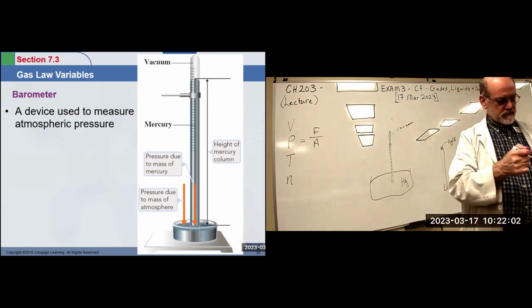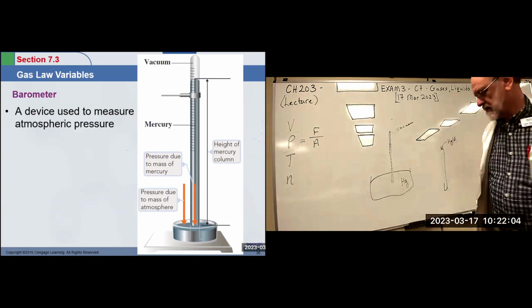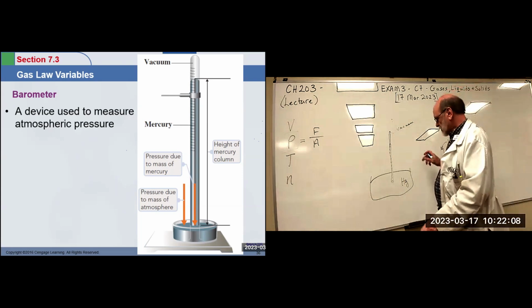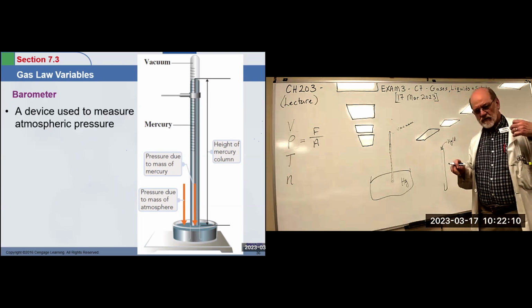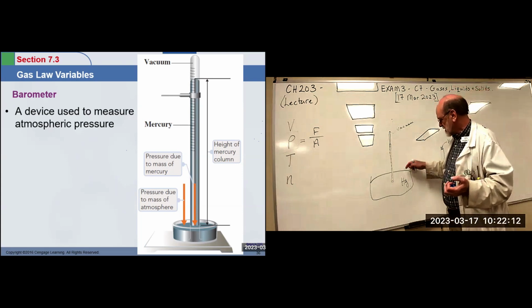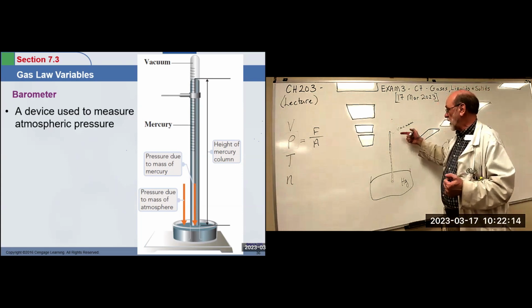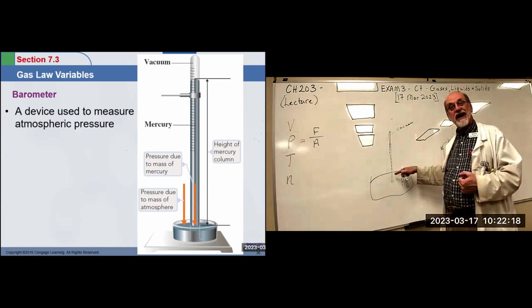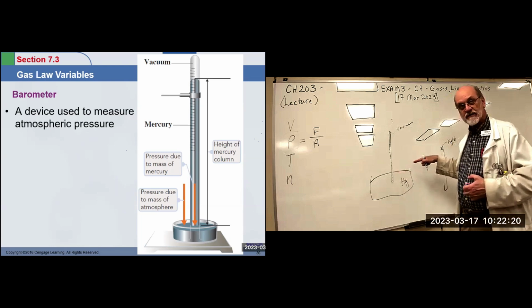I think I need another marker. Let's try blue. So Torricelli reasoned that, first of all, the mercury didn't stay at the top and it didn't go all the way to the bottom. So why is it being held up there?